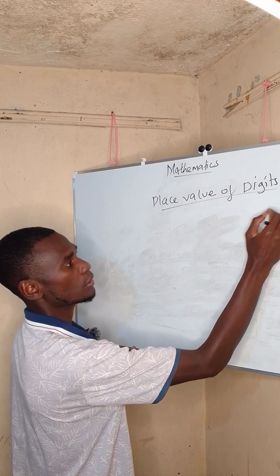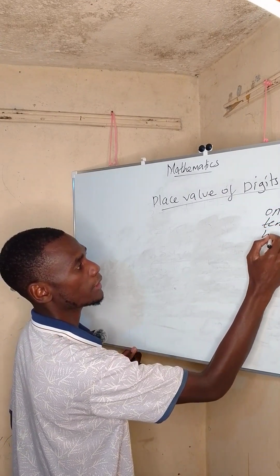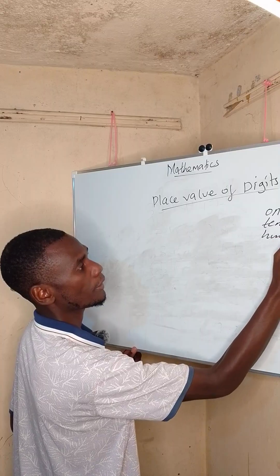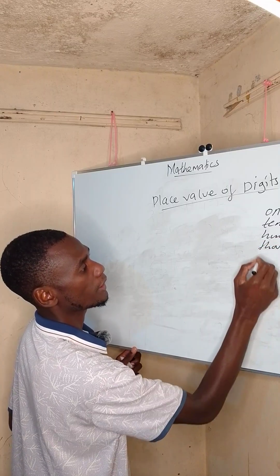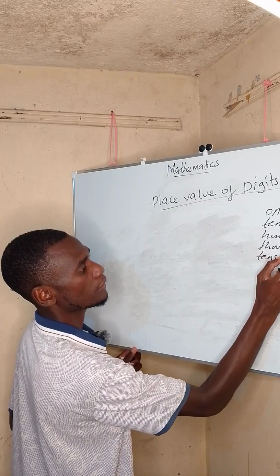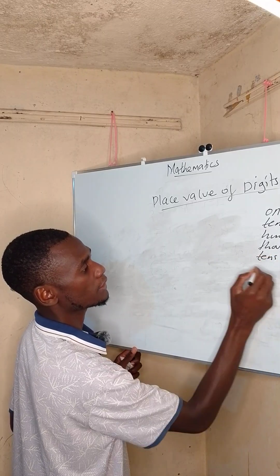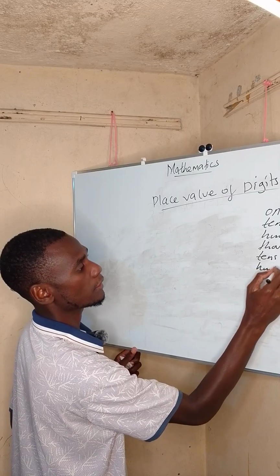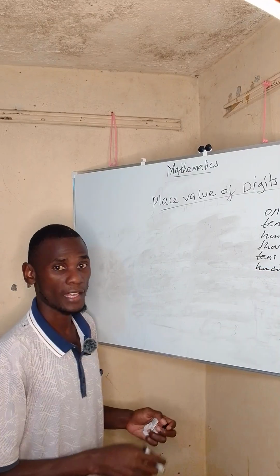So we can always talk about ones, tens, hundreds, thousands, tens of thousands, and hundreds of thousands as far as this class is concerned.